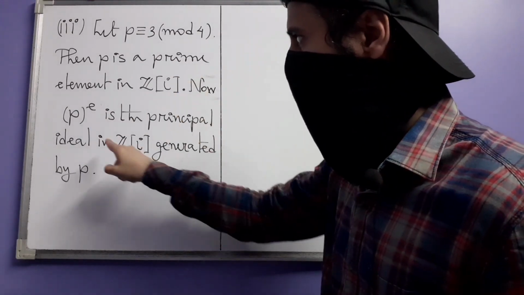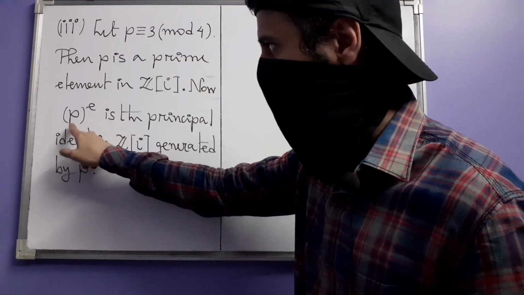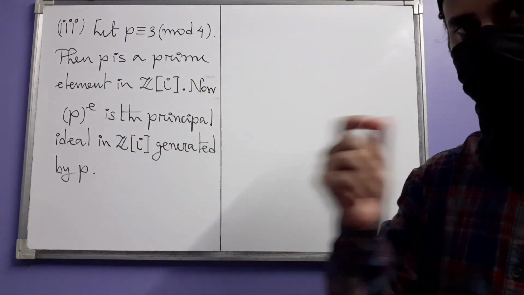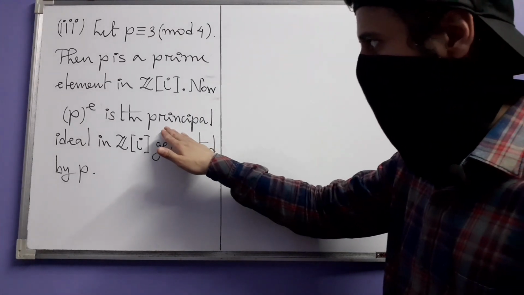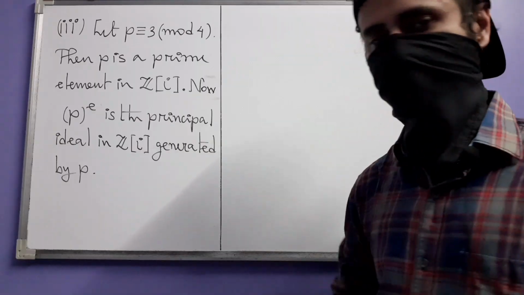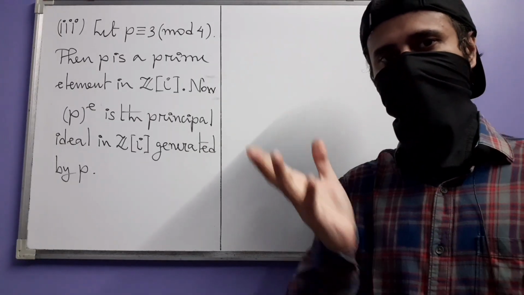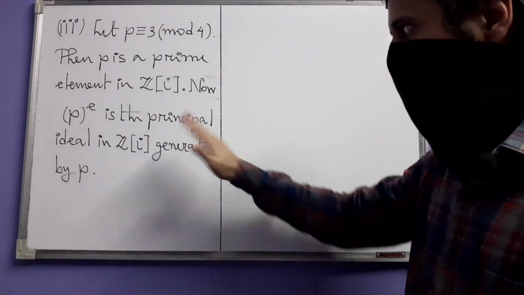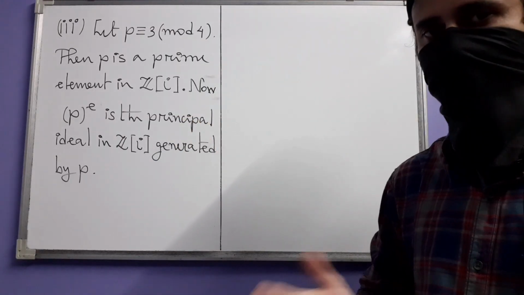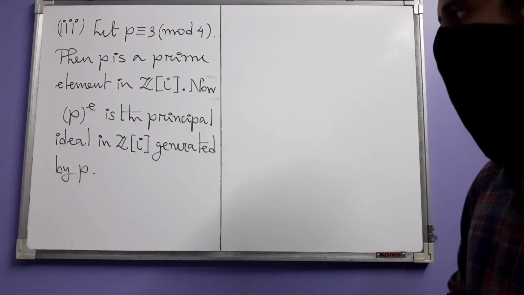In this case, the extension of the principal ideal generated by p in the ring of integers is actually equal to the principal ideal generated by p again, but now in the larger ring, the ring of Gaussian integers. This is something you have to prove. It's not very difficult, you try it.